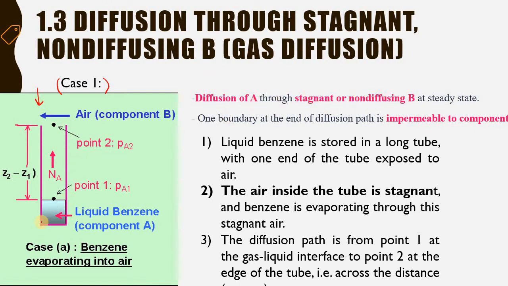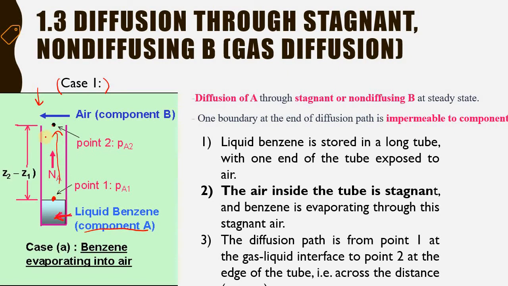For example, if we have liquid benzene, we call it component A. The liquid benzene will evaporate into the air, from the surface of the liquid at point 1 towards point 2.